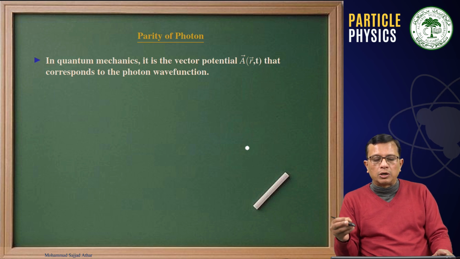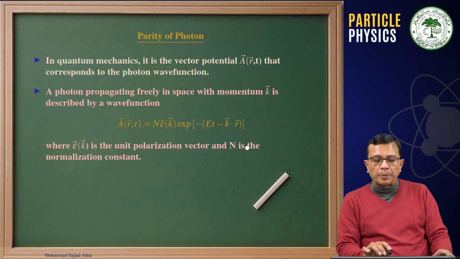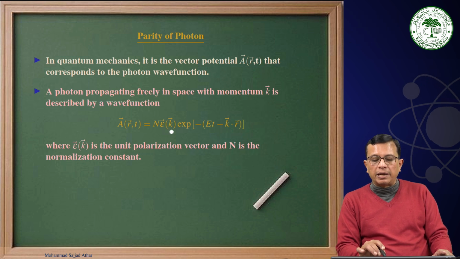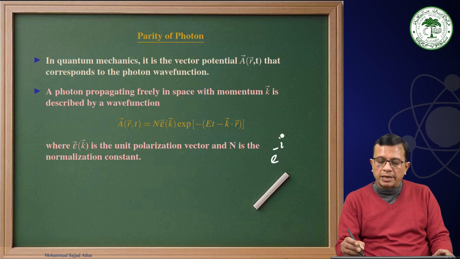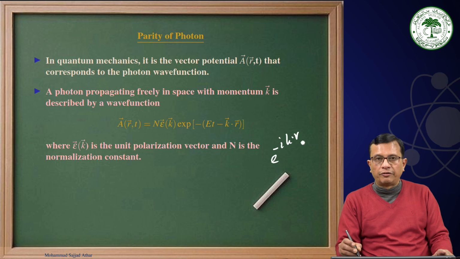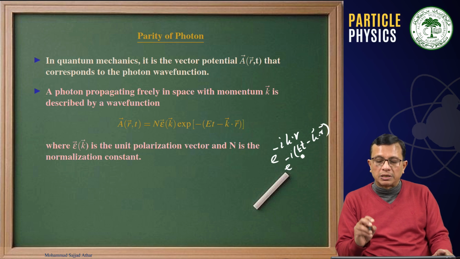For example, to determine the parity of photons, we know that a photon propagating freely in space with momentum k is described by a wave function given by N times epsilon times e to the power minus i k dot r, in four-vector notation, or you can write it as minus i (Et minus k dot r). Here E is the energy of the particle. Don't get confused with the electric field.